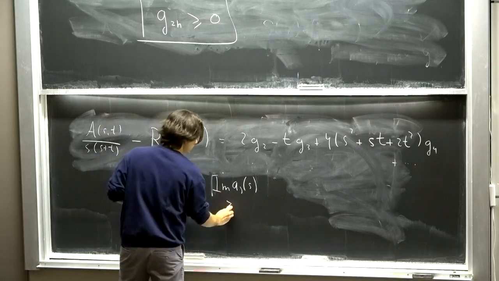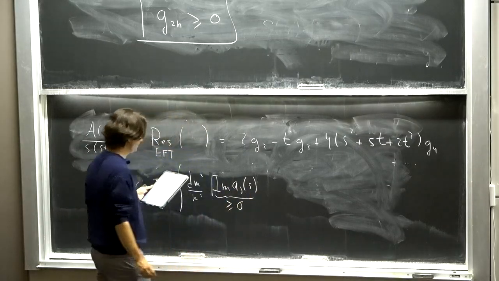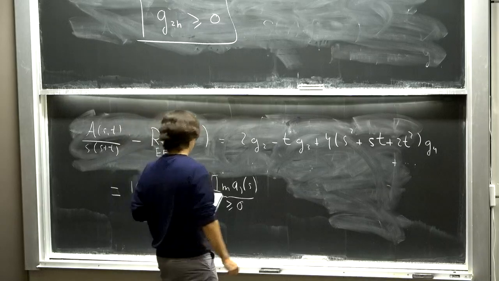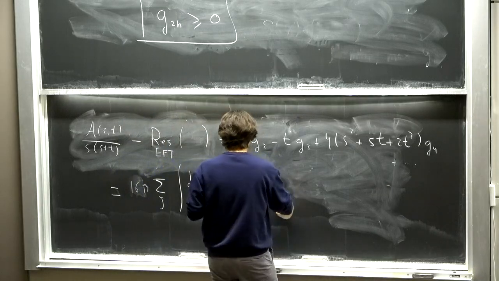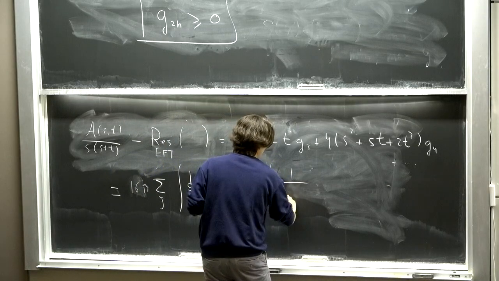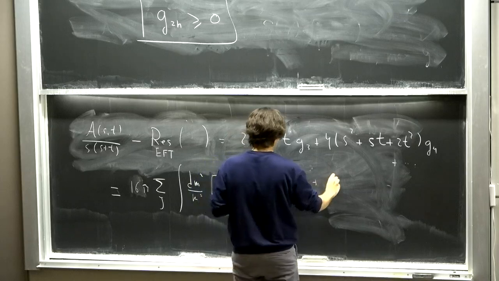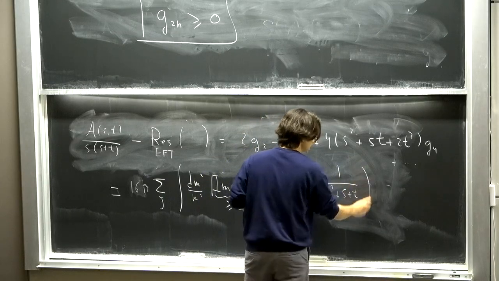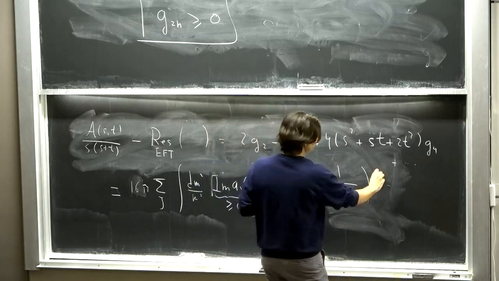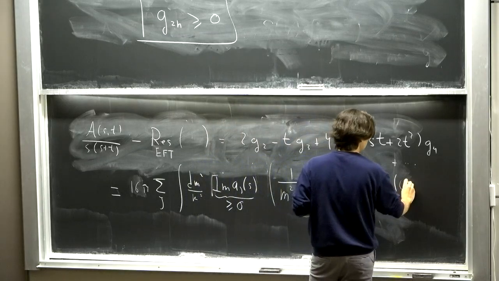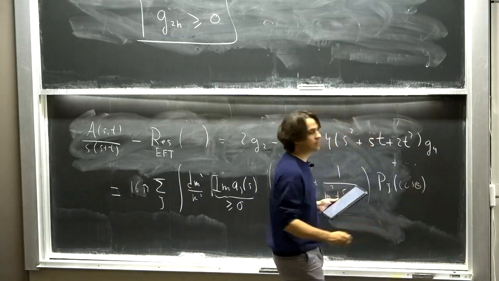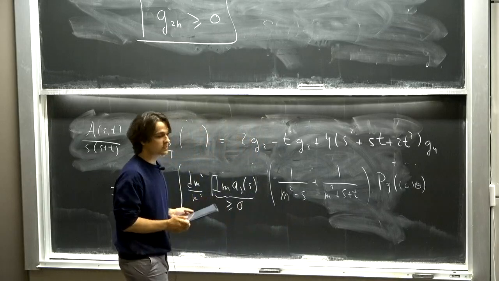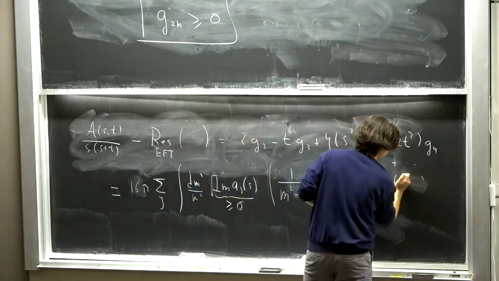This thing is positive. Then something that looks like this. So this is a contribution from the u channel. And then these are the Legendre polynomials, which are known functions of s and t.